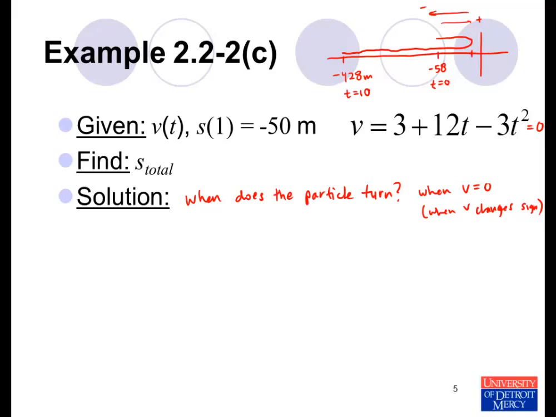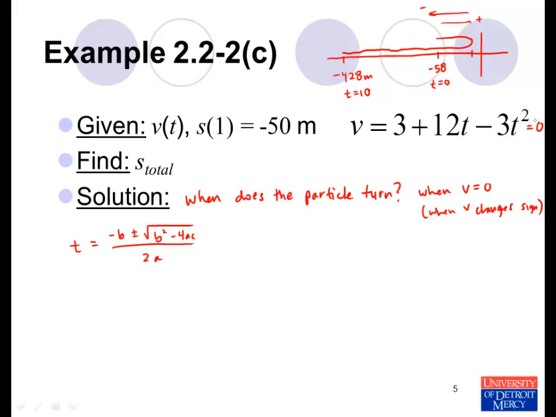We can use the quadratic formula. The roots of this equation are minus b plus or minus the square root of b squared minus 4ac, divided by 2a, where a, b, and c are the coefficients of the quadratic equation.